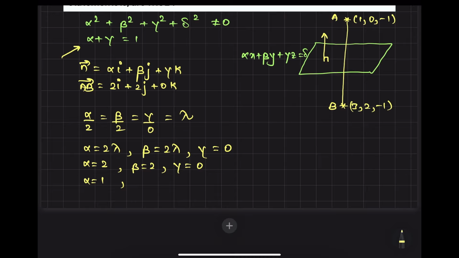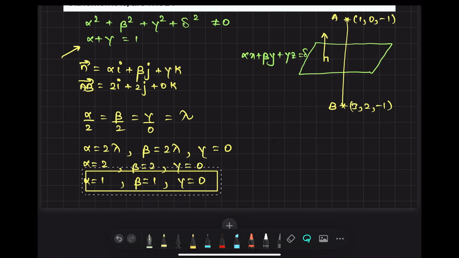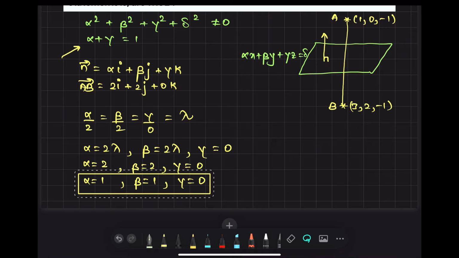So alpha is 1, beta is 1, gamma is 0. Now this problem is fixed. Now you can say that, sir, alpha plus gamma is 1 for sure. Correct? So we have figured out some of the combinations.